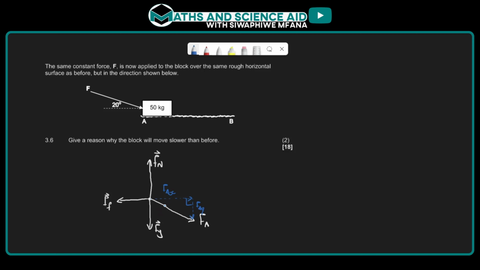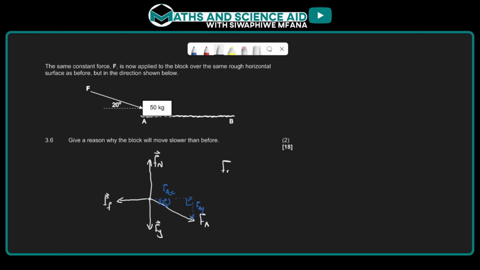And now you must also note that this angle from FAX to FA is going to be equal to 20 degrees as well, because if we were to extend this line here, FA, this angle is going to be opposite to this angle. So opposite angles like this are always equal.